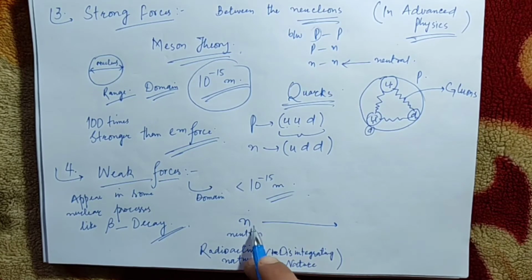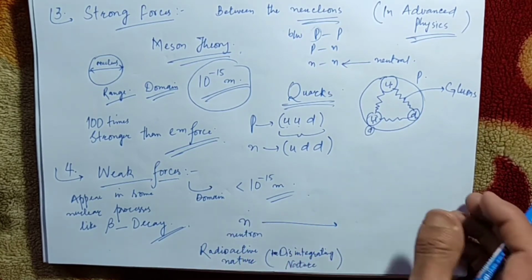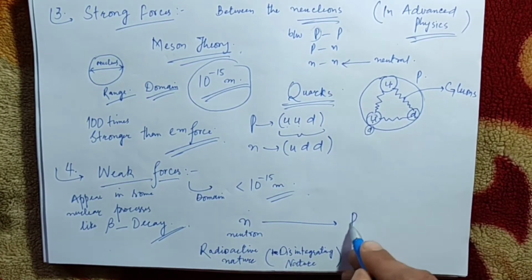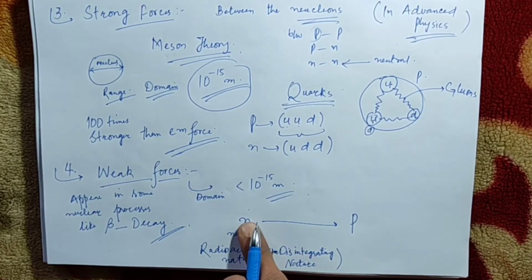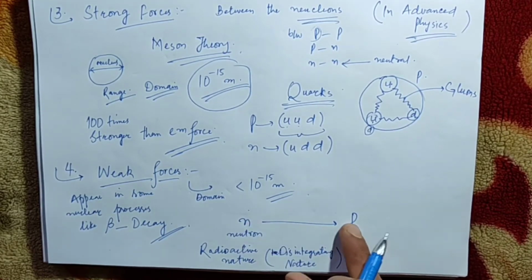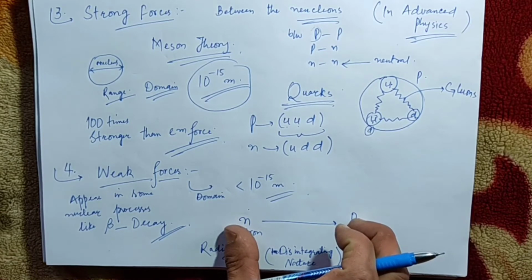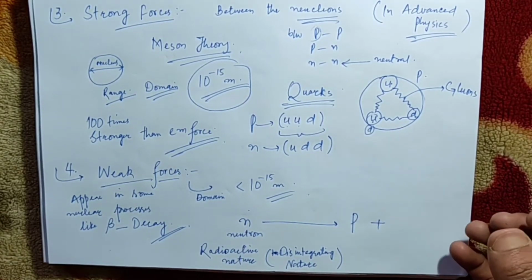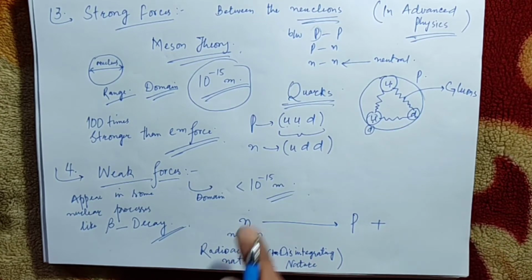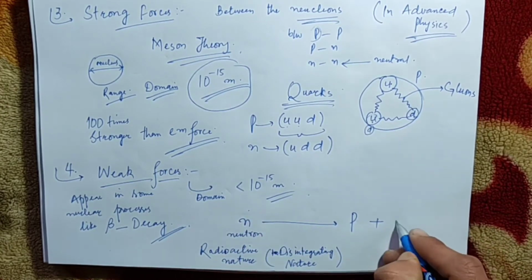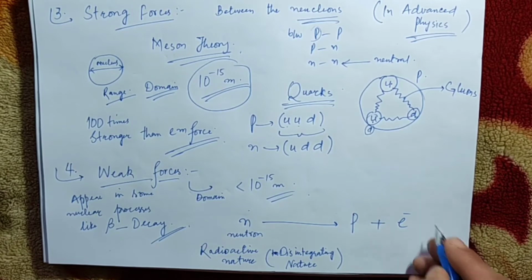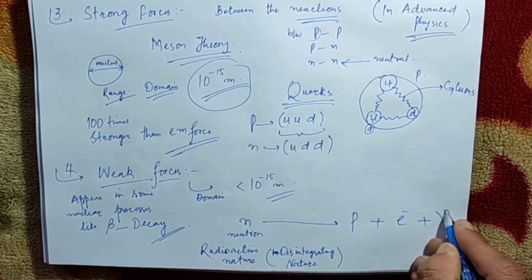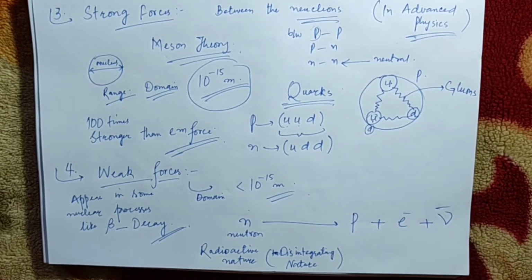So this neutron gets converted into a proton. This is neutral charge, this is positive charge. To conserve the charge, we have another particle coming out of this radioactive nucleus, which is negative in nature, and furthermore another particle.